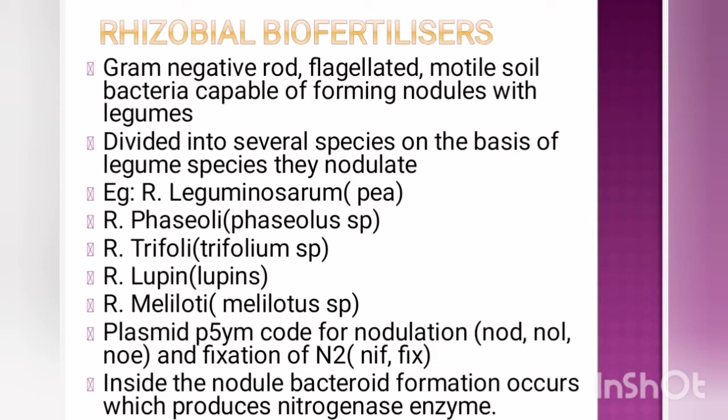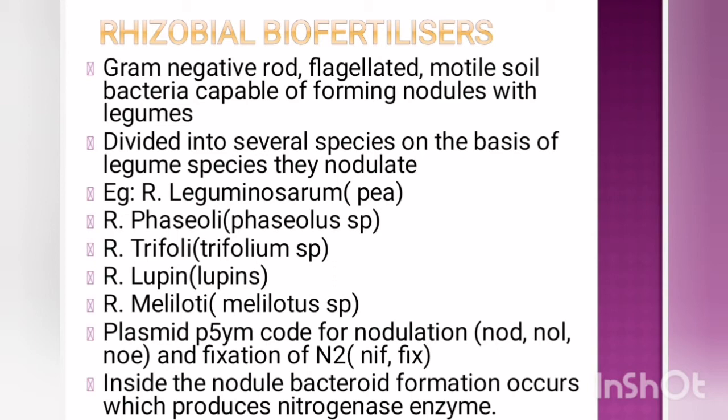Rhizobium has plasmid, plasmid pSym. And this plasmid codes for nodulation and nitrogen fixation. Bacteria enter through the root hair and progress through several steps, and finally it forms nodule. Inside the nodule, bacteroid formation occurs which produces nitrogenase enzyme.